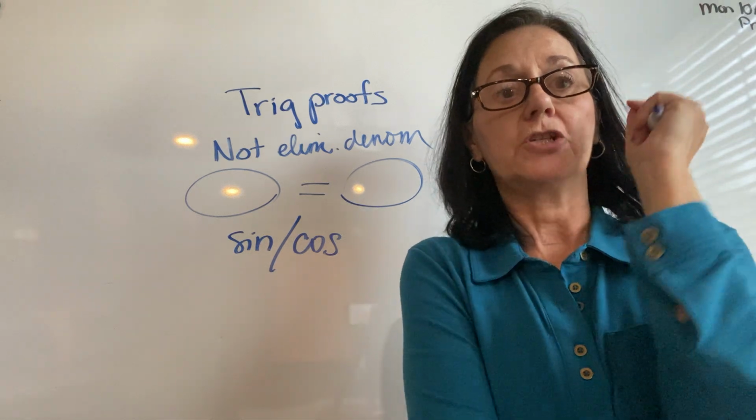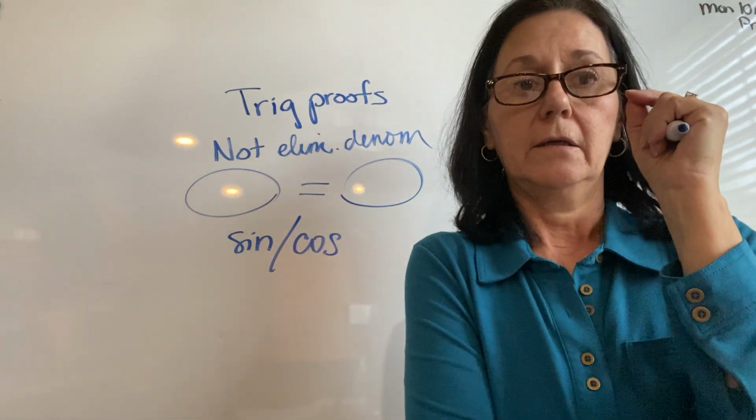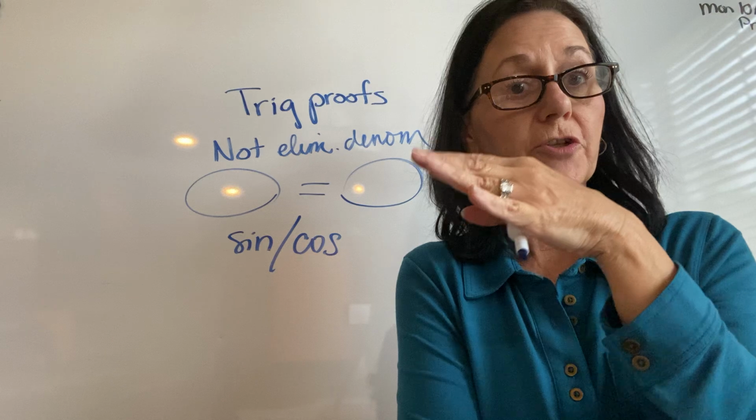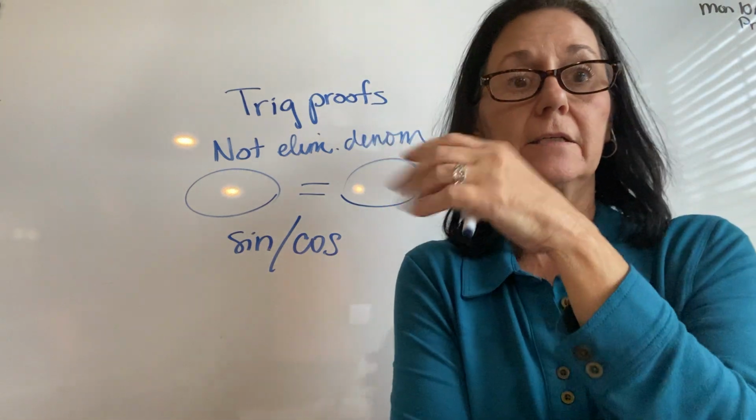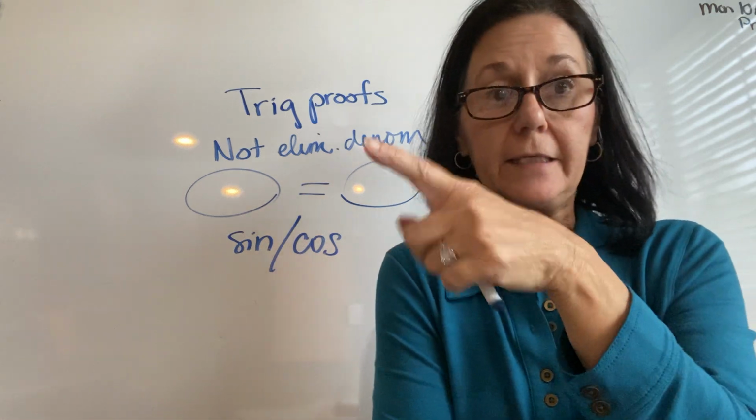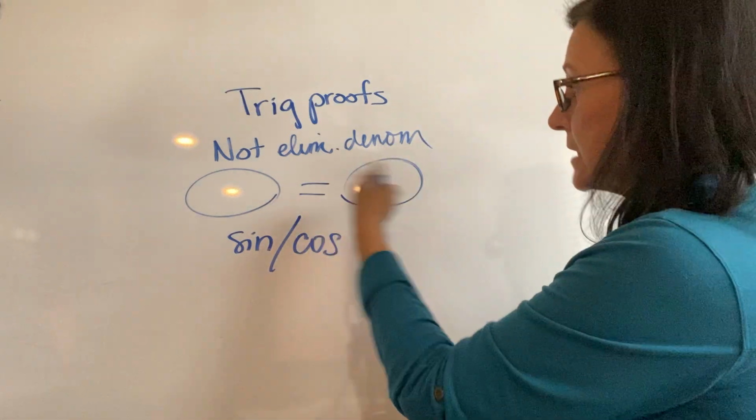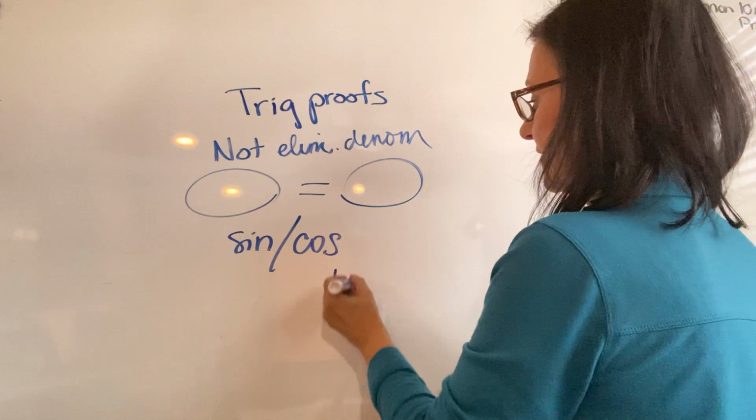The only time I don't try to substitute in for the cosecant or the secant, particularly the secant, is if on one side of the equal sign I have the tan.